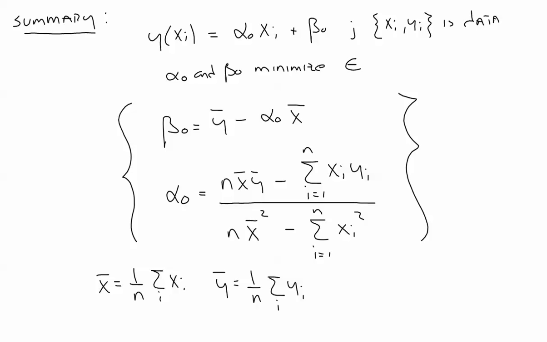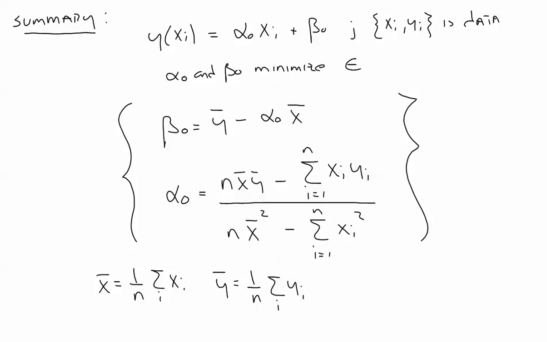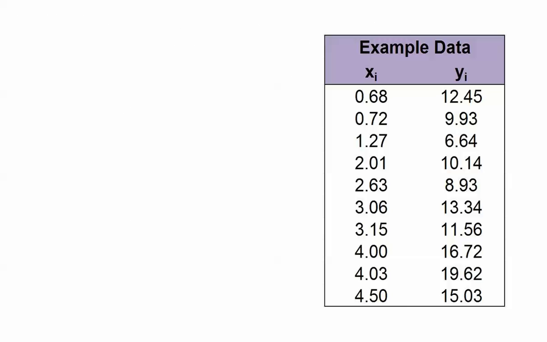All right, so let's do some examples and play with some real data. Here's a data set that I pulled out of a textbook. I used the relationships on the previous page for alpha naught and beta naught. And this is what I came up with. I did this by hand using my calculator. I'd like for you to check me on this.